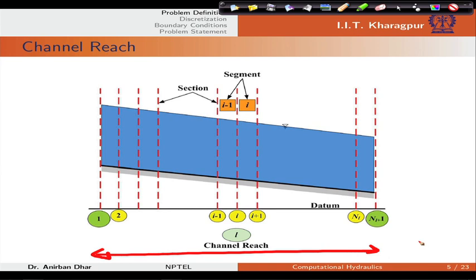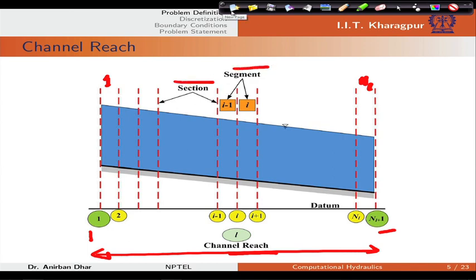Now, within this channel reach, if we divide it into a number of parts starting from 1 to NL plus 1, NL is the number of segments starting from 1 to NL here. So, these are essentially the number of segments, and these red dotted lines are sections. So, we have channel reach, segment, section.